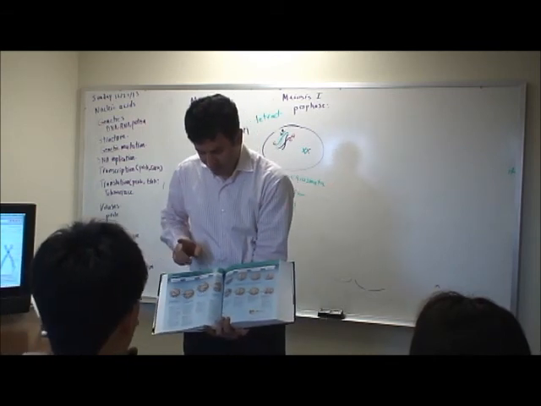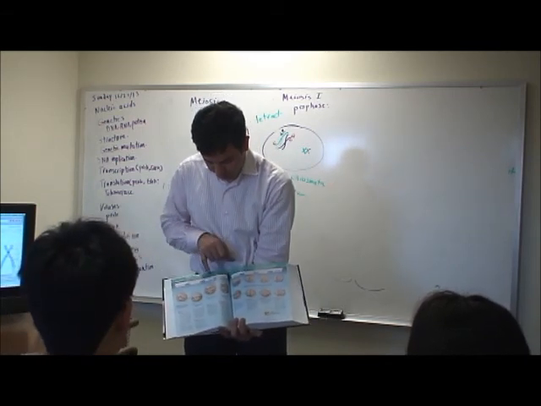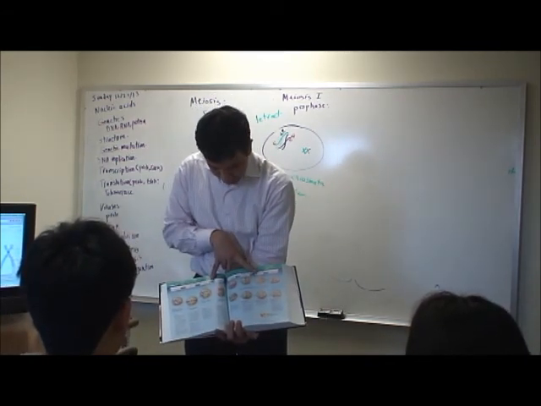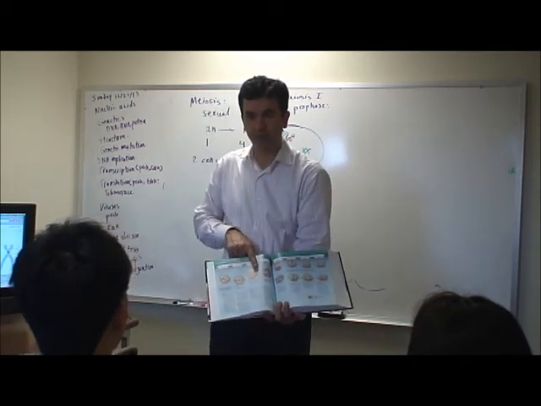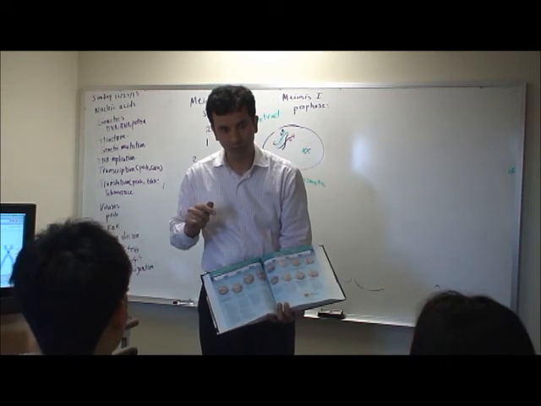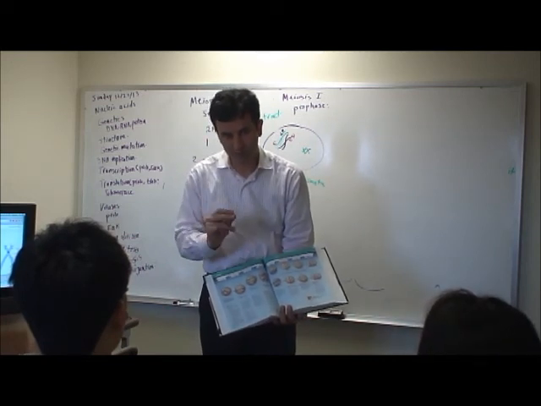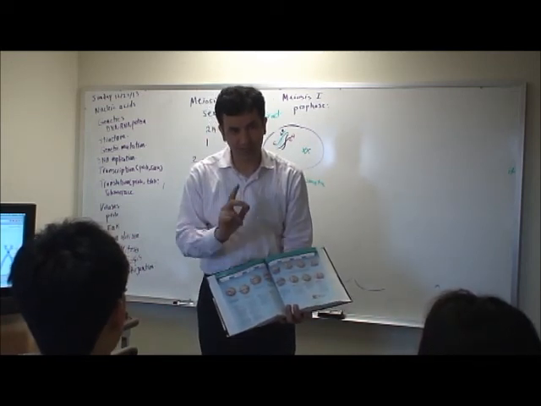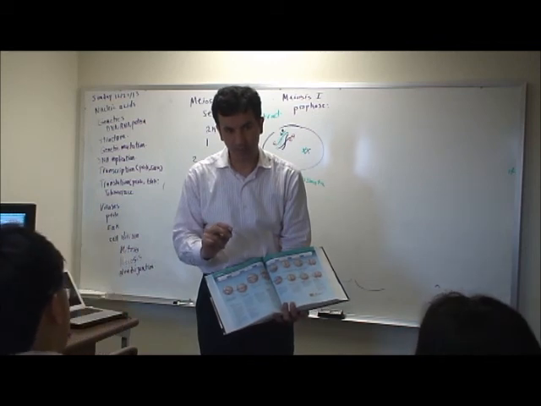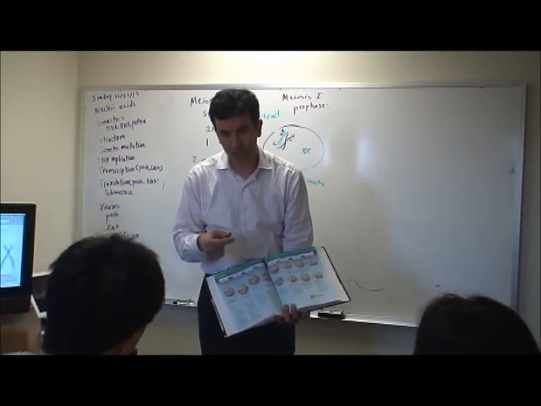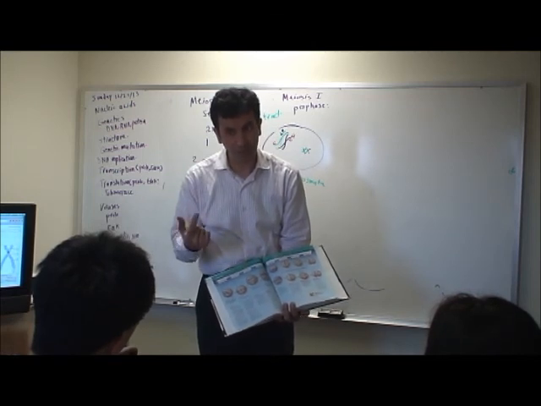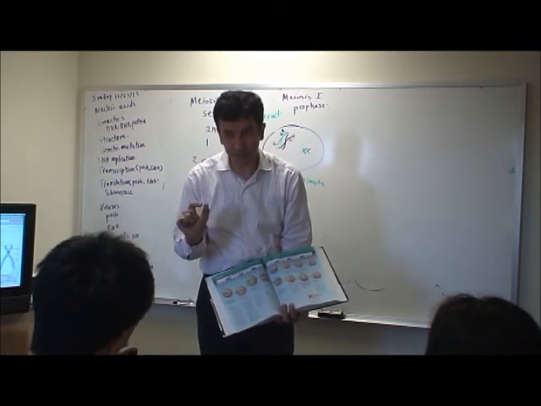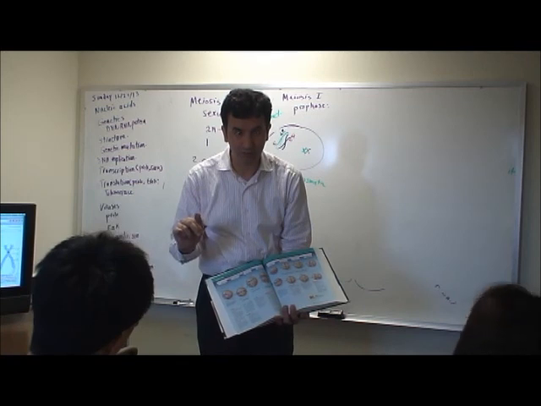The great distinction, the question they ask over and over again, is anaphase 1 versus anaphase 2. Between these two, what happens in anaphase 1? Homologous chromosomes separate. Would sister chromatids separate in anaphase 1? Would you see any change in the centromere in anaphase 1? This is the type of question they ask. Would anything happen to the centromere in anaphase 1?